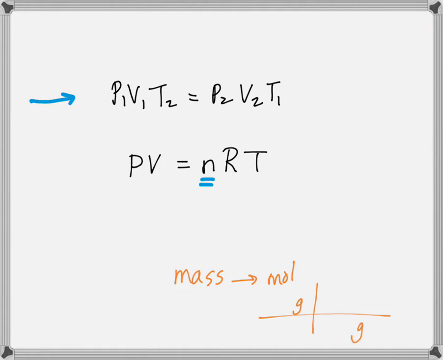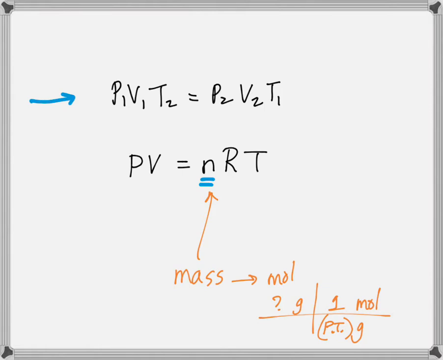So mass to mole, there's the molar mass of the compound. You get this number from the periodic table, and this is going to be some value that is probably given. So again, if you see mass or moles listed in your problem, that's automatically at some point going to deal with the little n, which your combined gas law doesn't have.